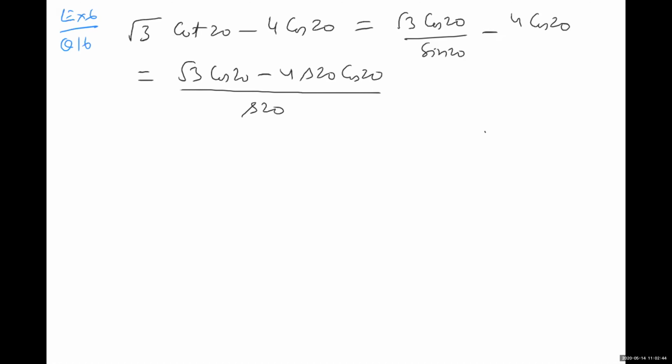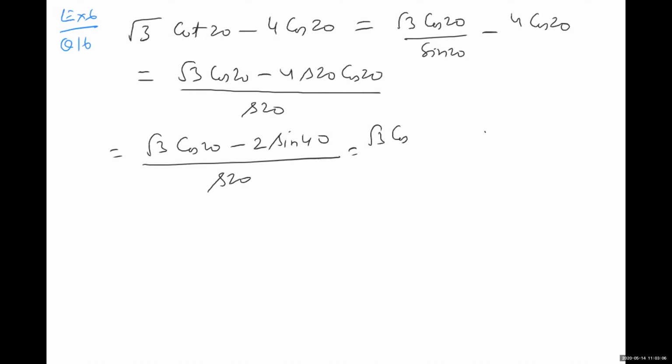Now, again, there can be so many ways of solving this. One method which I am observing is we will try by this method, otherwise we will change it. Cos 20 minus 2 sine 40 upon sine 20. This can be done as root 3 cos 20 minus sine 40 minus sine 40 upon sine 20.